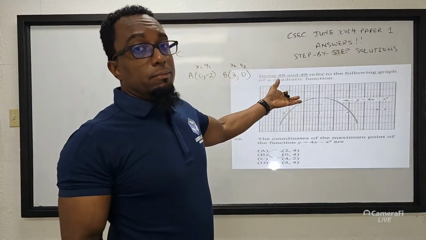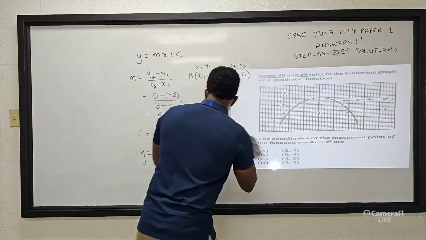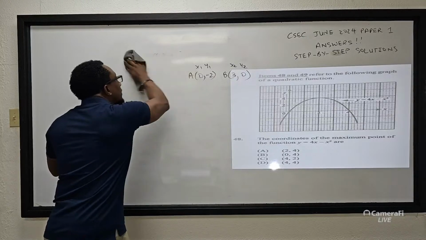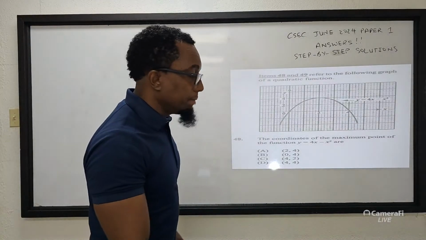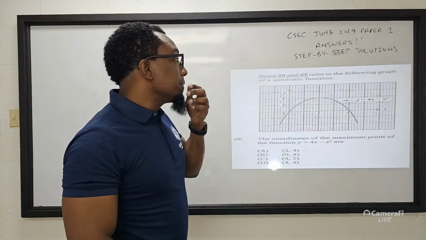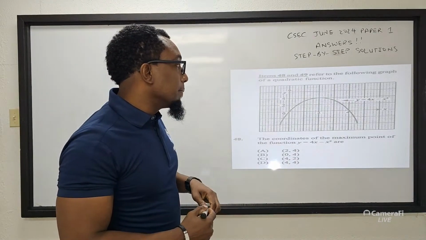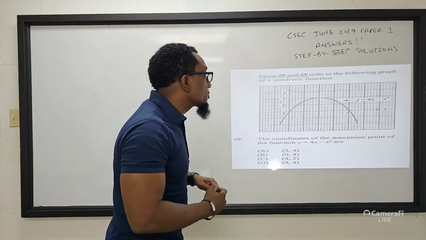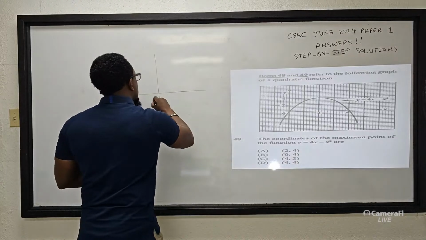Another question you would have looked at before the examination. So another question, a number of them were repeated, yeah? The coordinates of the maximum point of the function y equal to 4x minus x squared, well this is a quadratic function, so therefore the maximum point will obviously be this point here.